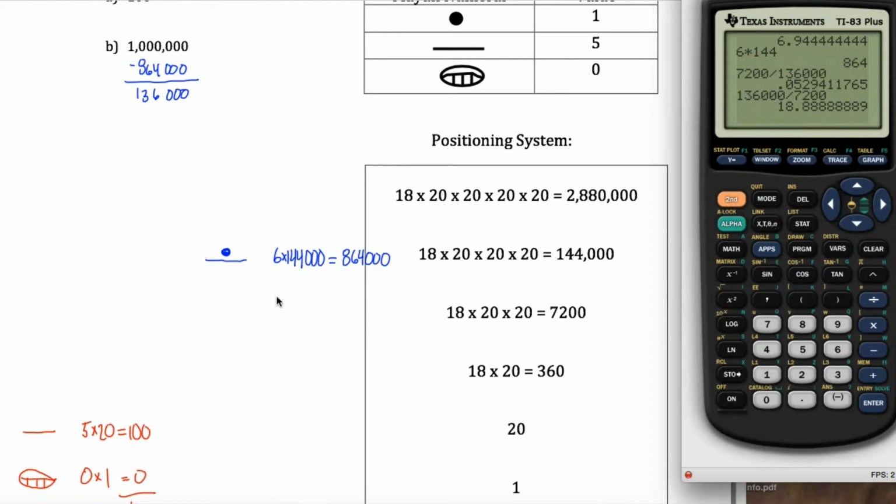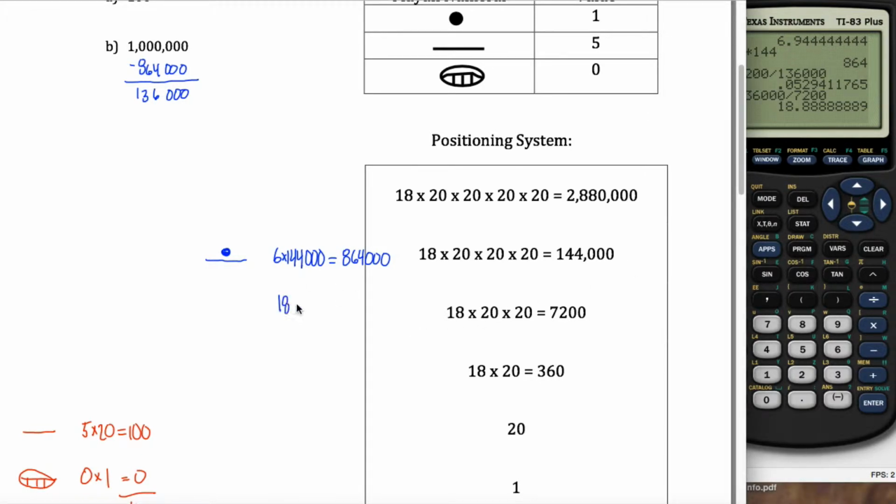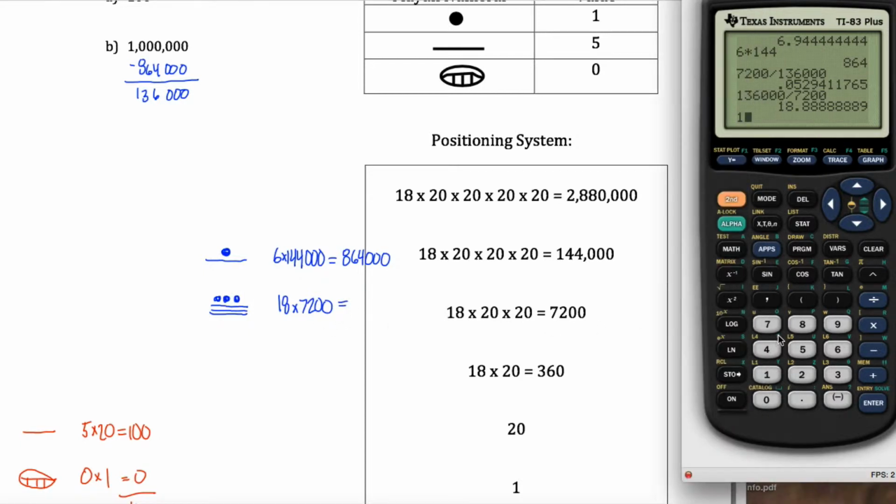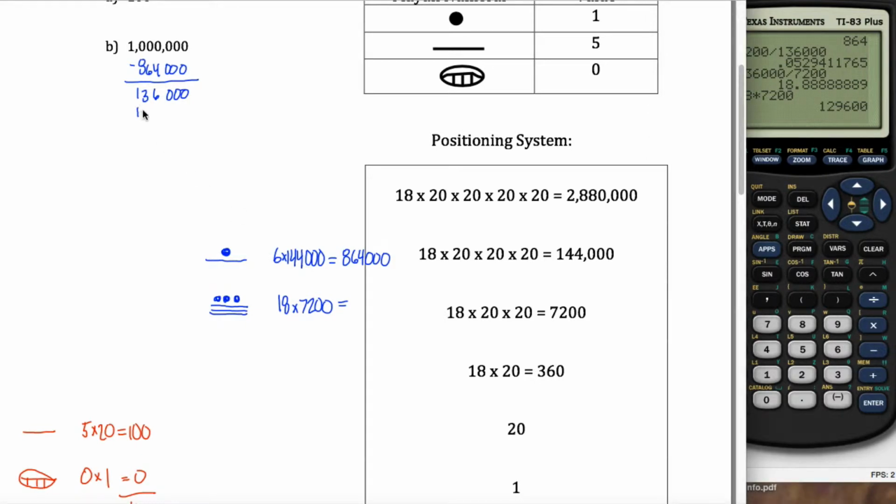So what that means is I want 18 of these 7200s. And the way I write 18 is I say it's 5, 10, 15, 16, 17, 18. And 18 7200s is 129,600.